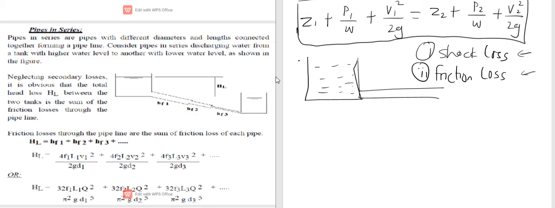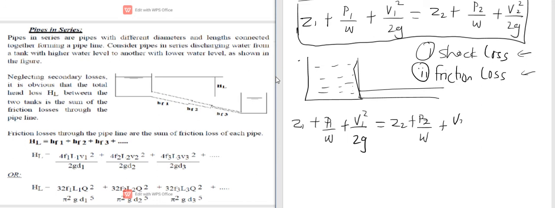Let us write Bernoulli's equation again: Z1 plus P1 over W plus V1 square over 2G will now be equal to Z2 plus P2 over W plus V2 square over 2G. Let us assume that the shock loss is given as HS and the friction loss is given as HF. We add it: plus HS plus HF.